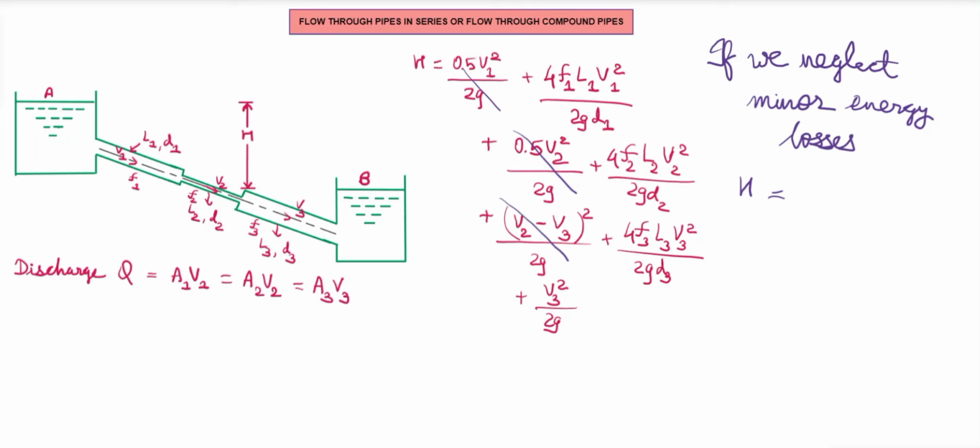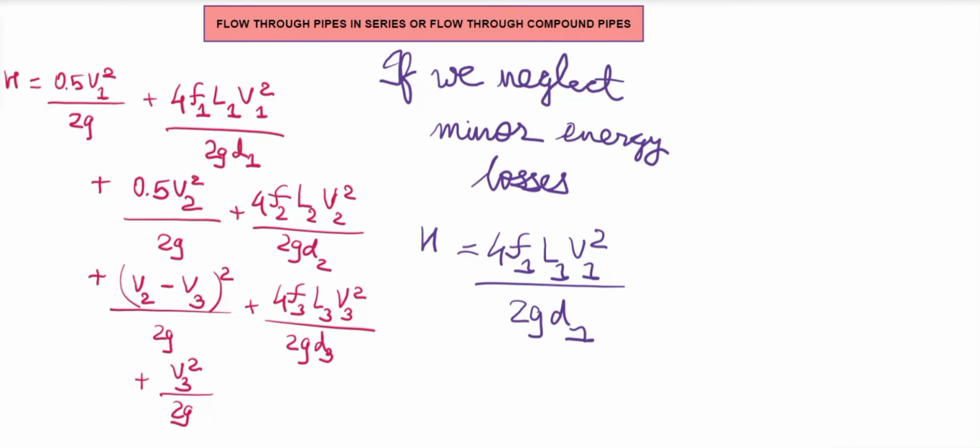So my total head loss will become equal to 4 F1 L1 V1 square upon 2G D1, plus 4 F2 L2 V2 square upon 2G D2, plus 4 F3 L3 V3 square upon 2G D3.